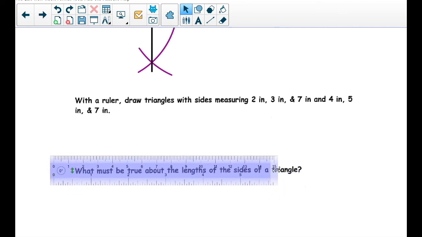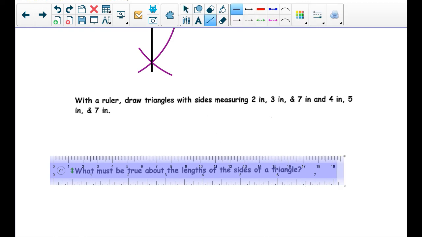My first measure is going to be 7. We're going to start with the big measure here. I'm going to make a line segment 7 inches, so from 0 to 7.